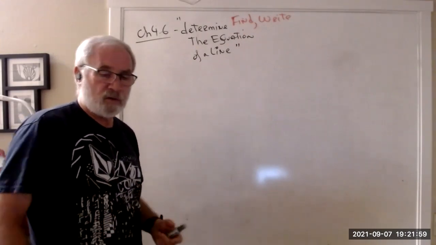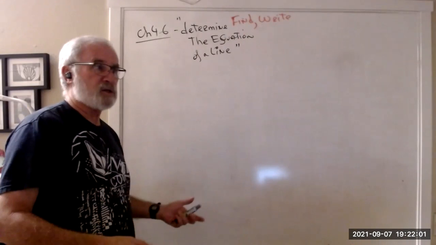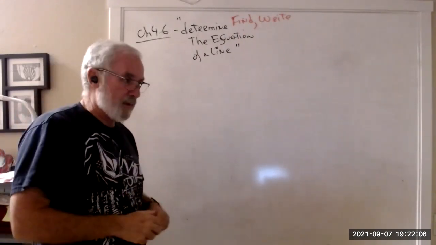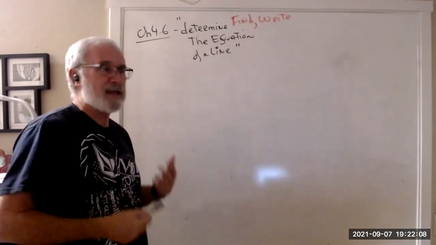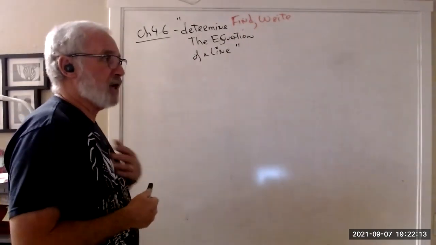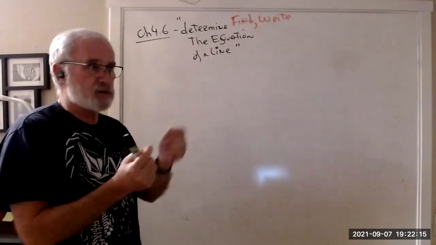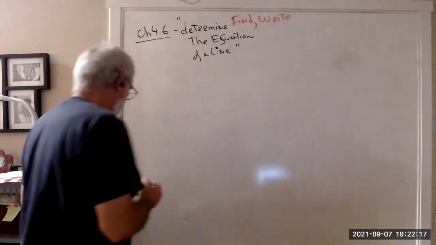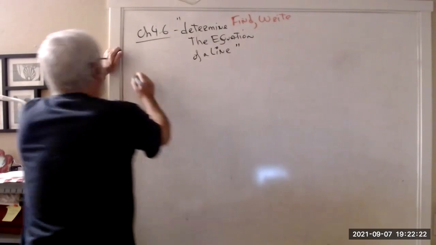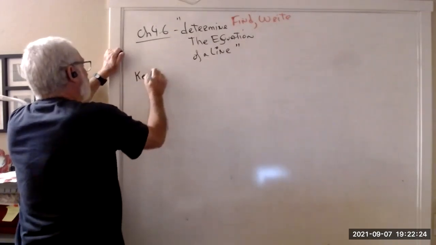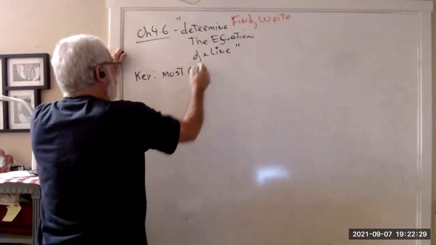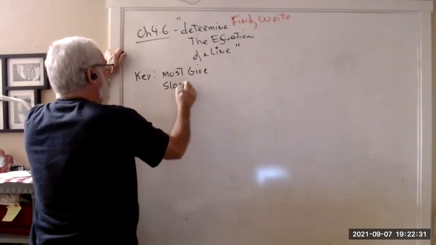So mom is not going to be consistent, and when you move to other math courses, no teacher is going to be exactly the same. But whatever they're saying, they want the equation of this line. All right, here's a key. I must give you the slope and a point.